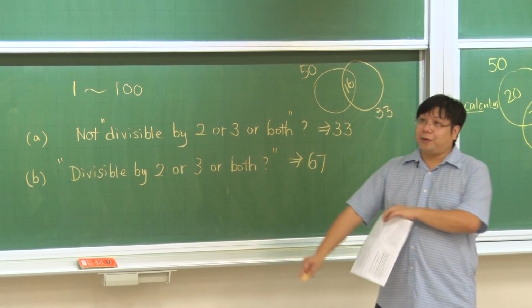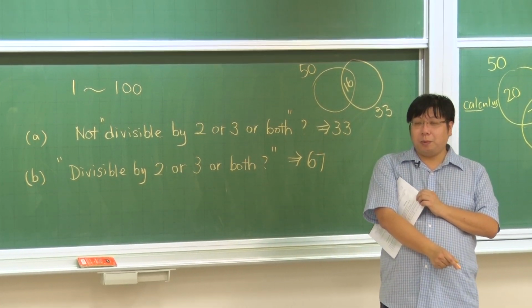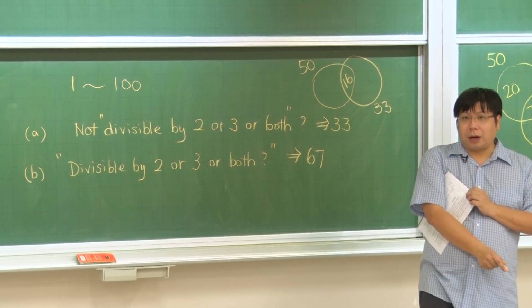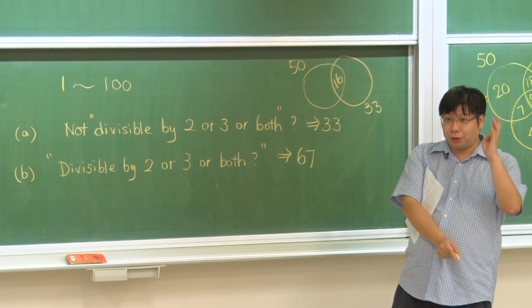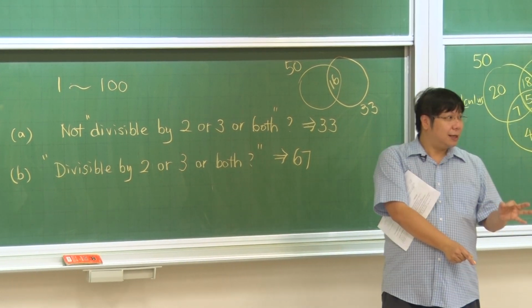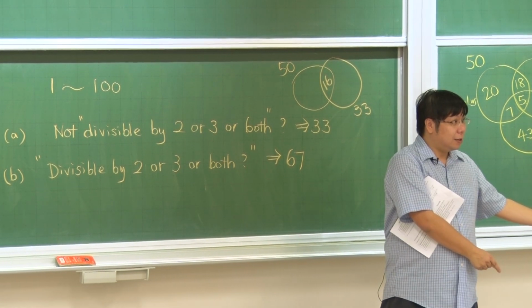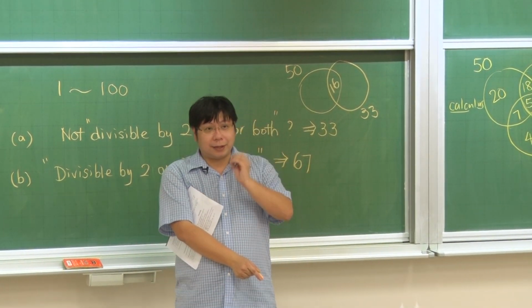And then if I want to find out how many prime numbers there are between 1 to 100, how do I get it? I just need to find out how many numbers are not divisible by 2 or 3 or 5 or 7. That will be enough. All these numbers do not have any factor from 2, 3, 5, 7.